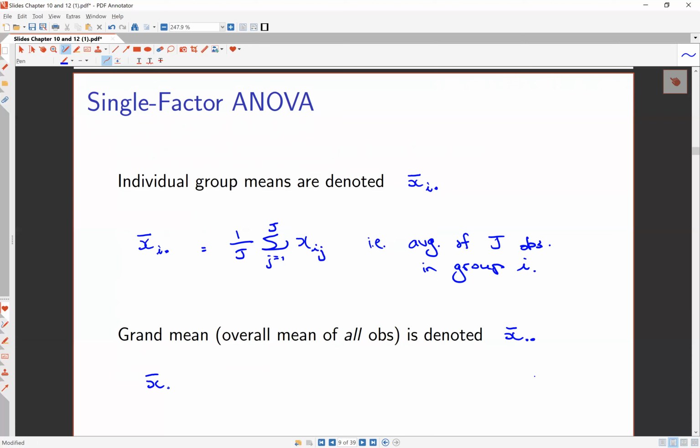So this x bar dot dot, you can either think of it as summing all of the observations together, across the I groups, j observations in each group, or if you've already gone to the trouble of calculating individual group averages, then you can just average over the I different groups. So depending on the data you have at hand, there are 2 different ways to calculate this.